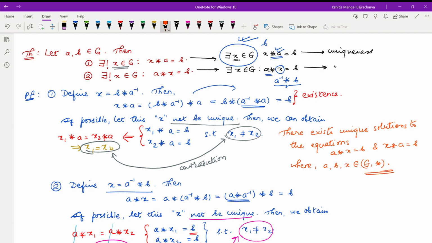Okay, something like this. This is an alternative statement of these two statements. And this is what we usually encounter in the textbooks.